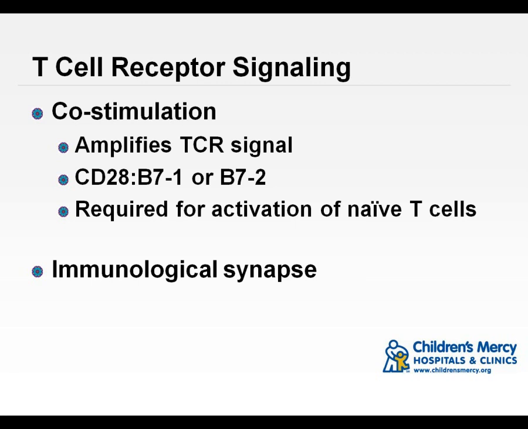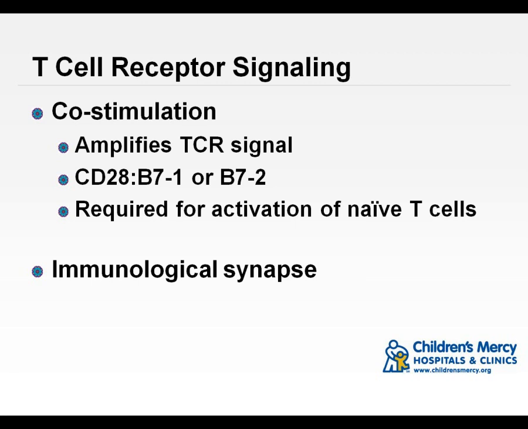But in reality, what happens is these receptors float around on lipid rafts around the cell. And as two cells move close to each other, they all come into what we call an immunologic synapse, very close together. So there's lots of different interactions happening in a three-dimensional way.